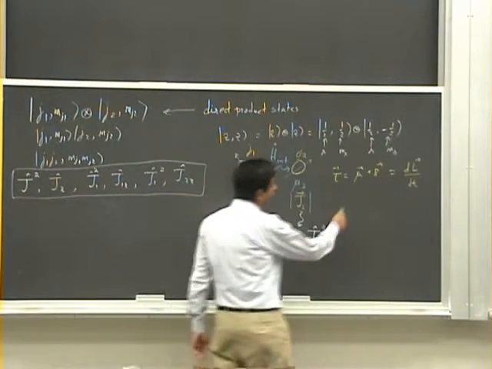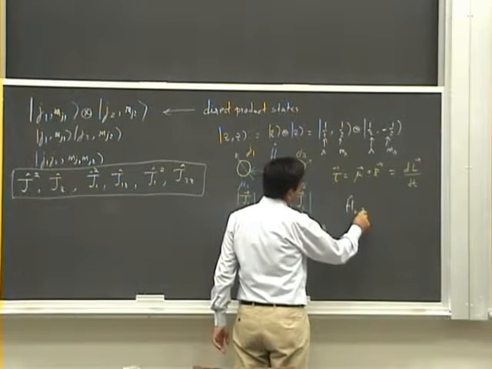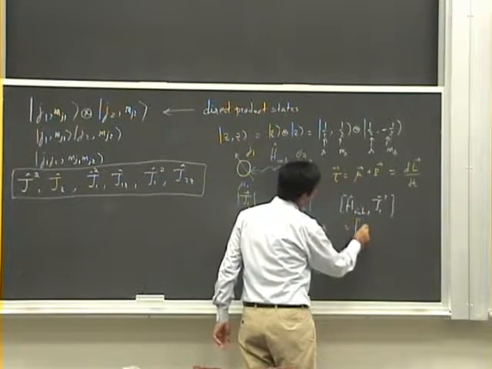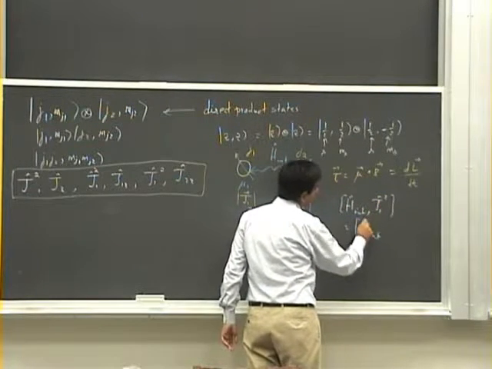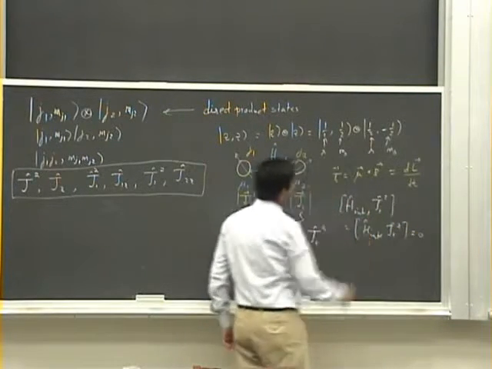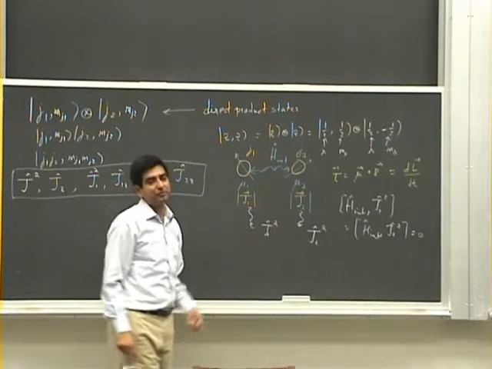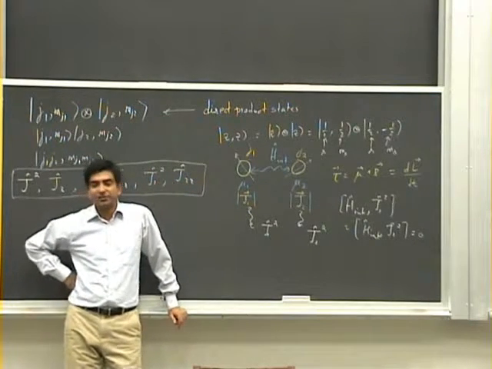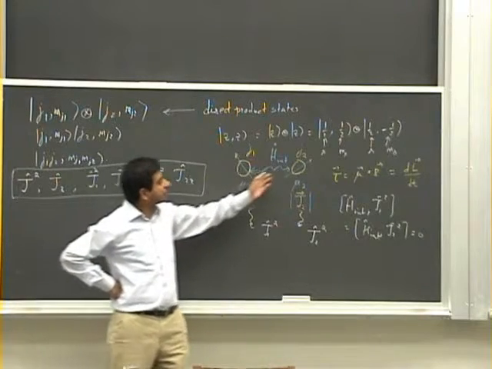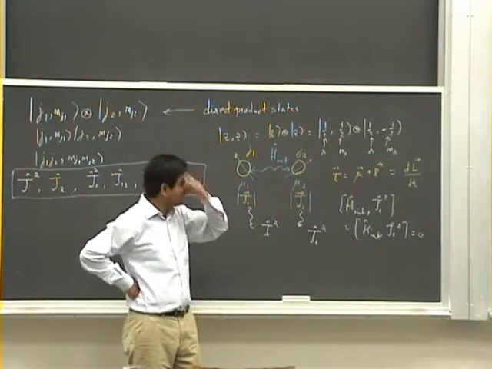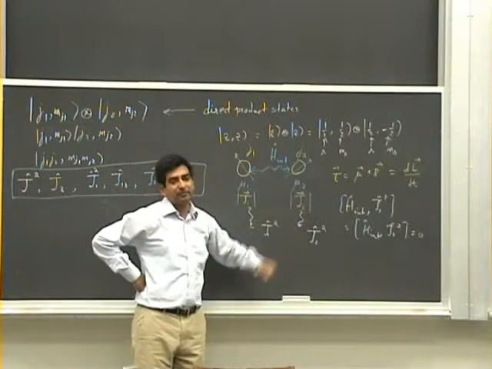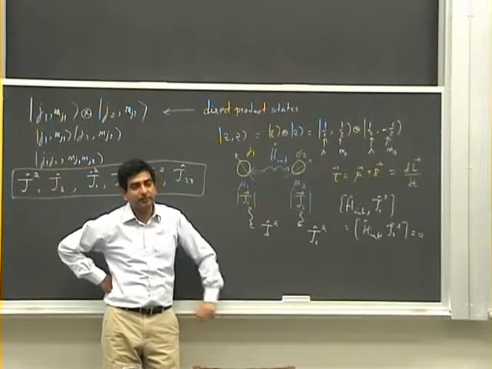In other words, if I take the interaction Hamiltonian, it will commute with J1 squared, and it will also commute with J2 squared, because both J1 magnitude and J2 magnitude are constants of motion for the system. So any interaction cannot change the angular momentum of the first particle or the second particle, the magnitude by the way.